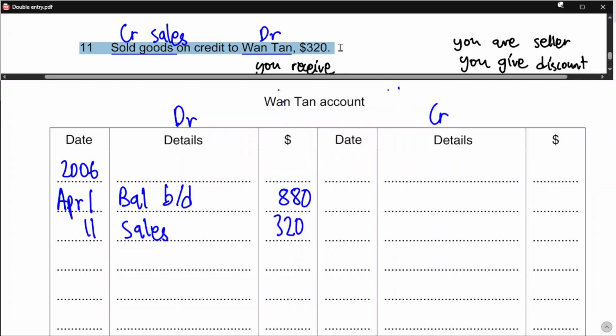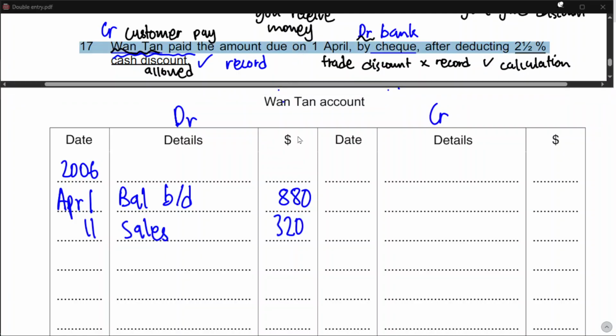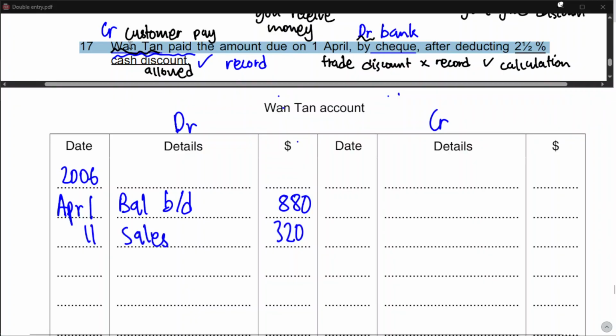Now let's go to the next line. Go to 1 ton account. Then 1 ton credit bank. April 17, 2006.